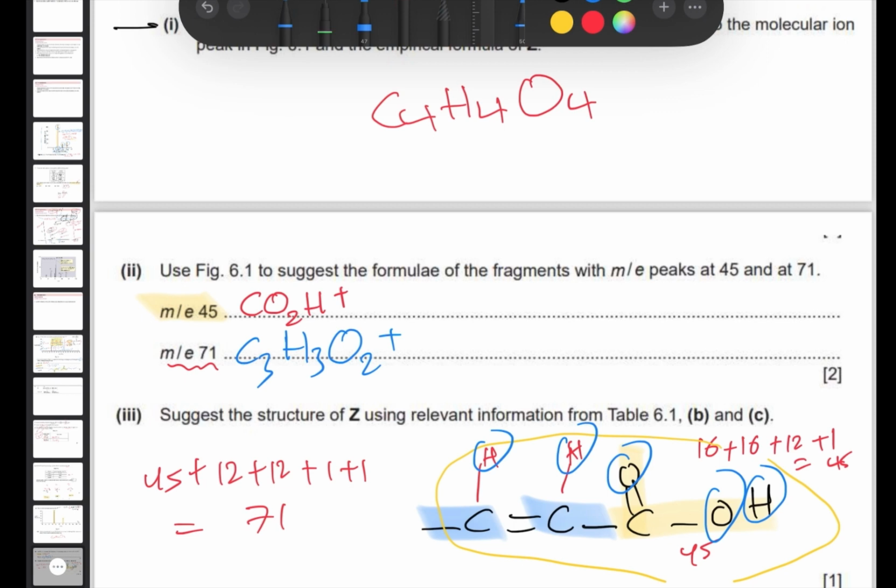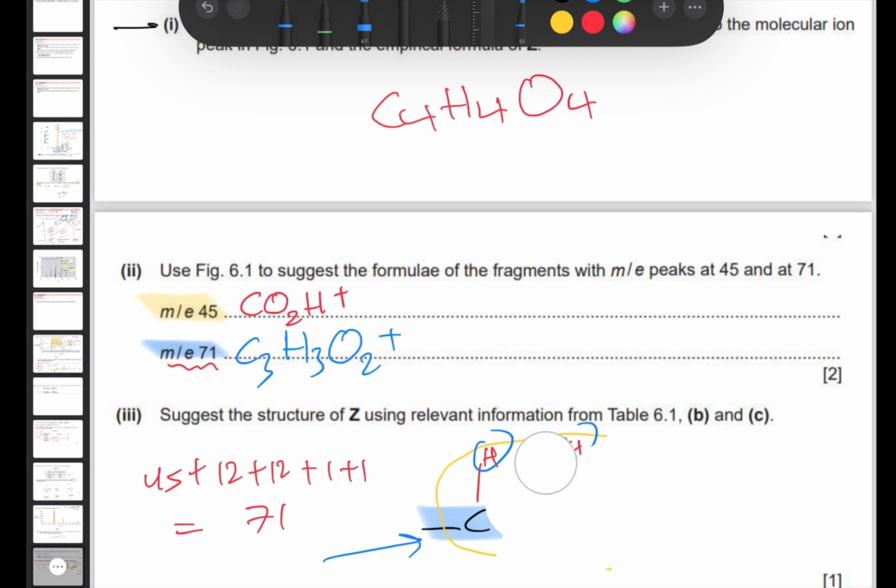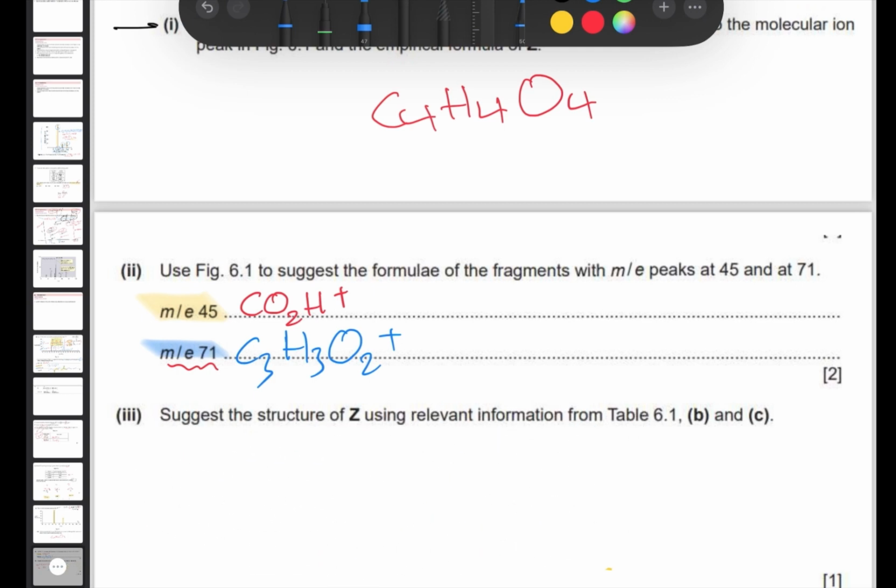Okay, but you have to keep in mind, we're done with these fragments, but we didn't finish the whole molecule. If you look at here, we still have a missing part. So what do you think this missing part is? The question tells you that you have only a carboxylic group in here, and we have an alkene, a double bond. What could be the other part, the missing part of this here?